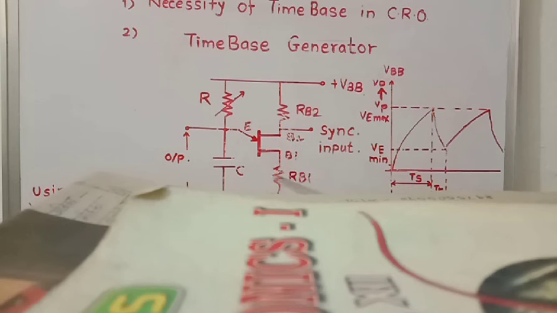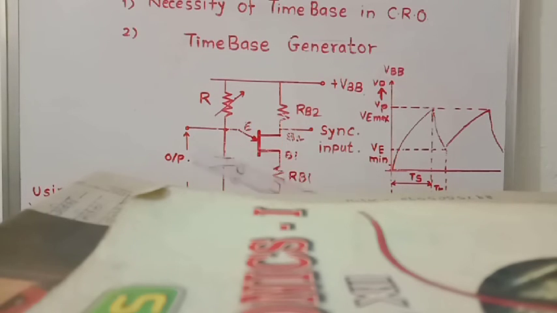So here this UJT acts as a switch, because the capacitor discharges through emitter and base 1. To switch on this UJT, the condition is that the emitter voltage VE should be greater than eta VBB.